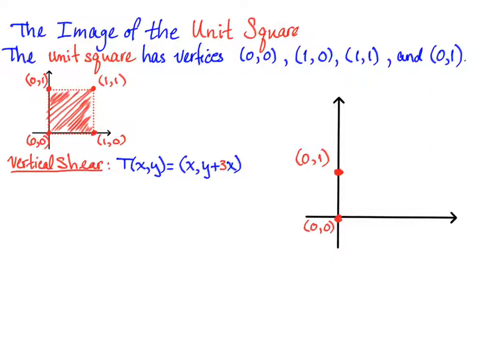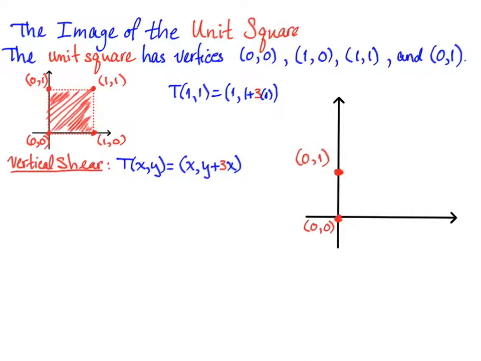But now the other 2 vertices are going to change because the first component is 1, and so we're going to shift the second component by 3 times 1, or 3. So we're just going to add 3 to the second component. T of 1, 1, for example, is going to be 1, comma, 1 plus 3 times 1.